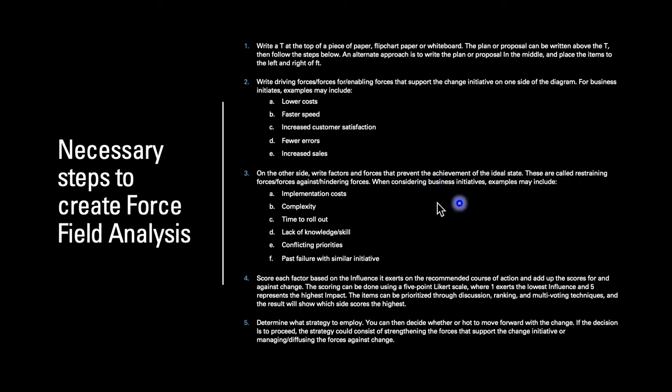No, these are called the restraining forces or forces against or hindering forces. When considering business initiatives, examples may also include here the implementation cost, the complexity, the time to roll out, lack of knowledge or skill, conflicting priorities, or past failure with similar initiatives. So this list is actually just a set of examples, hindi to exhaustive.